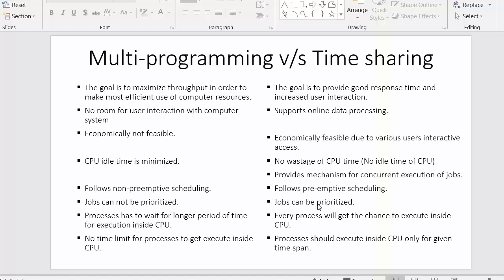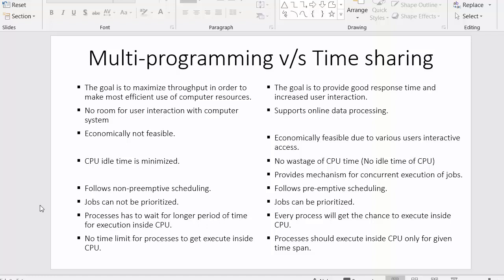But in time sharing system we can set priority to any job. Suppose there is a high priority job in the main memory waiting for execution inside the CPU, then the CPU will give the chance to that high priority job to get executed first.